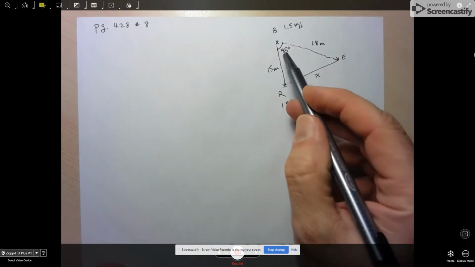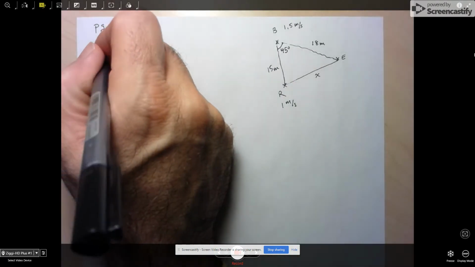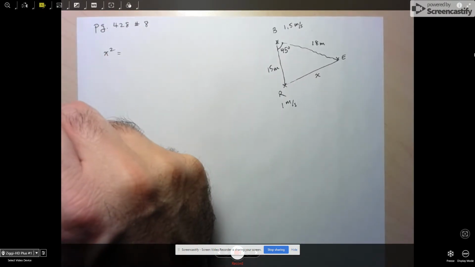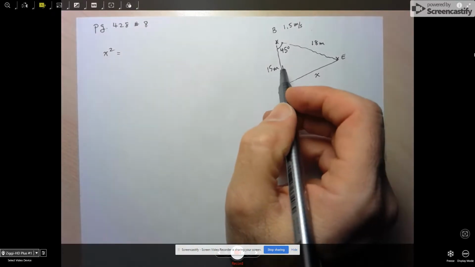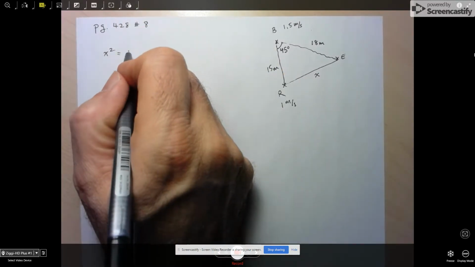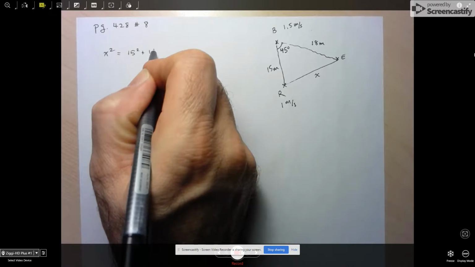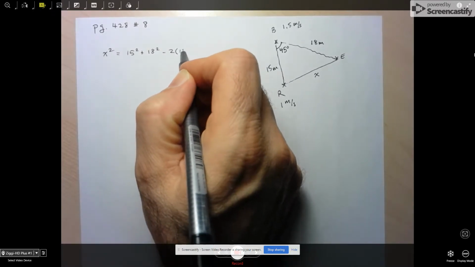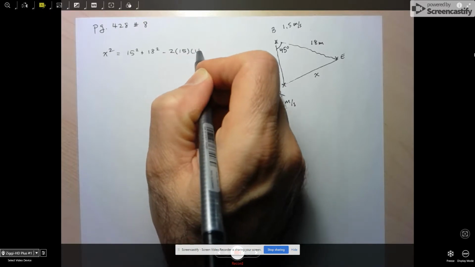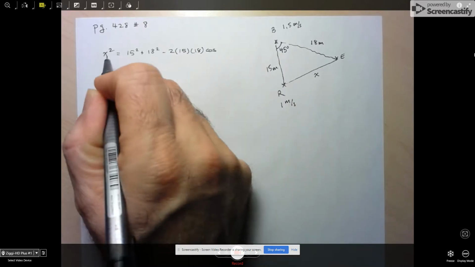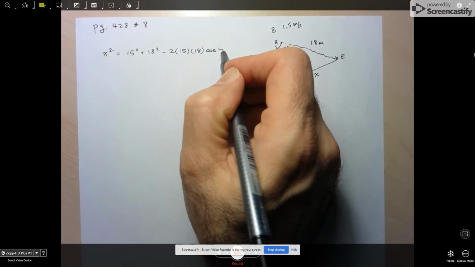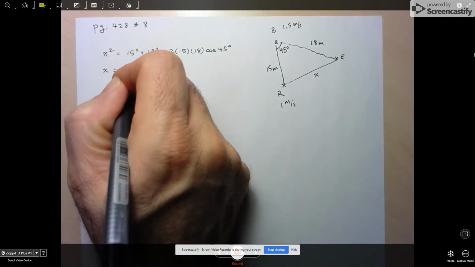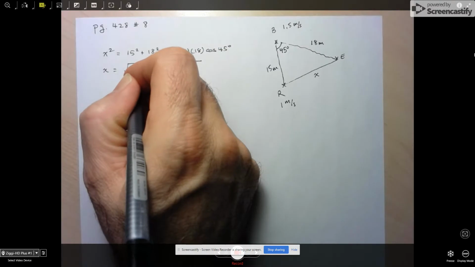So here x is opposite to the known angle, so I'm going to have x squared equal to the sum of the squares of the other two sides, so 15 squared plus 18 squared minus 2 times the product of the two other sides, so 15 times 18 times the cosine of the opposite angle to x, which is 45 degrees. All right, so essentially x is just going to be equal to the square root of this whole thing.